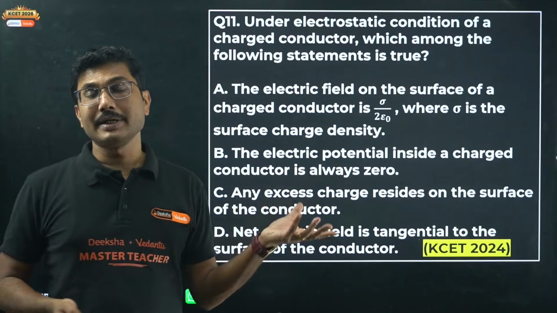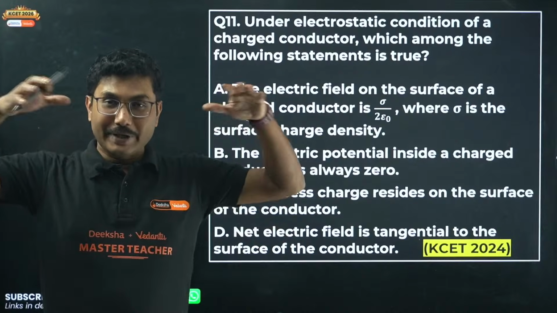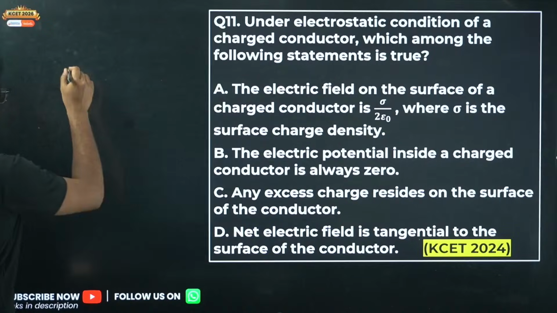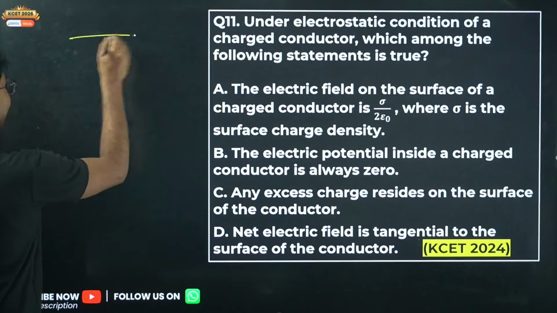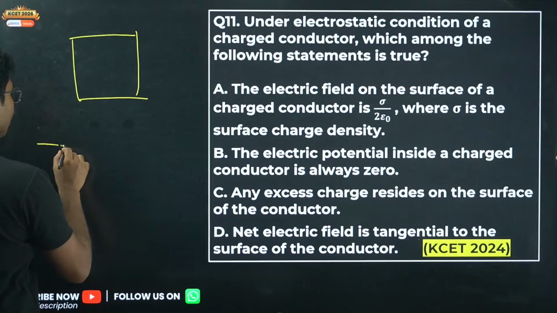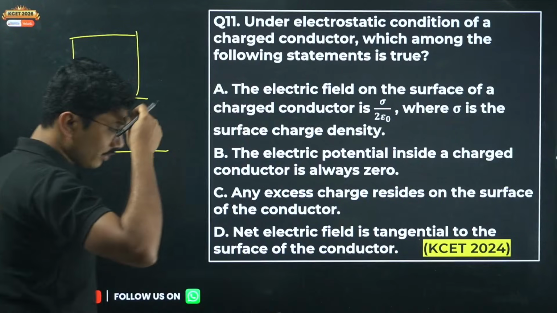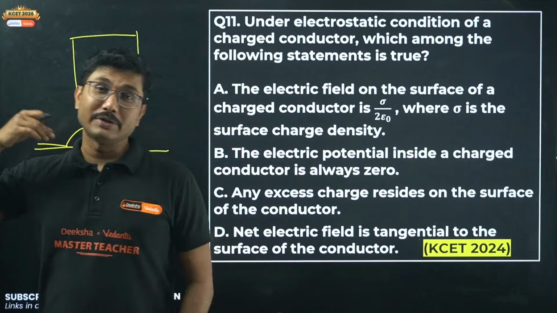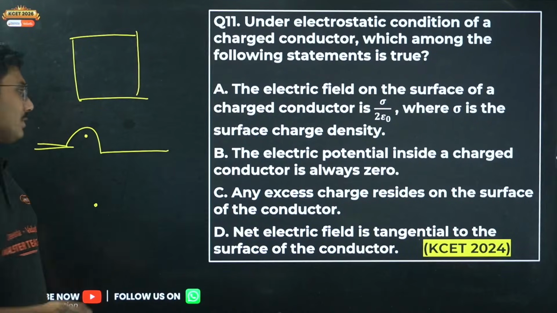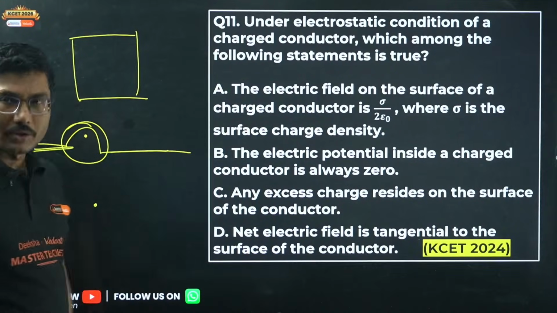Now if you bend only a portion of the infinite plane, and the remaining still remains the same, then if you measure the electric field closer to the surface, you will still get constant. Further away also you will get the constant, because this effect will be negligible compared to the remaining portions.